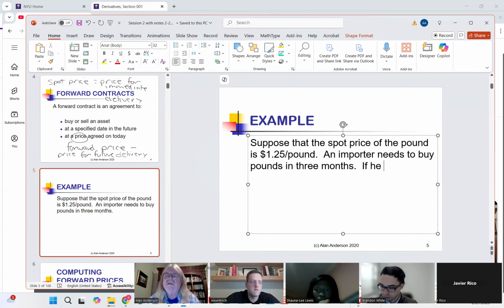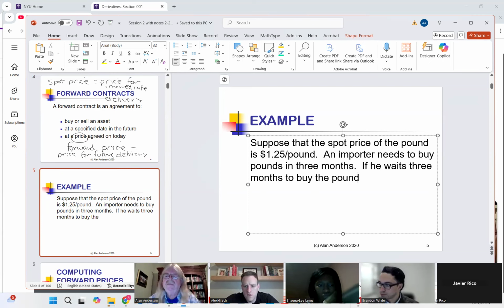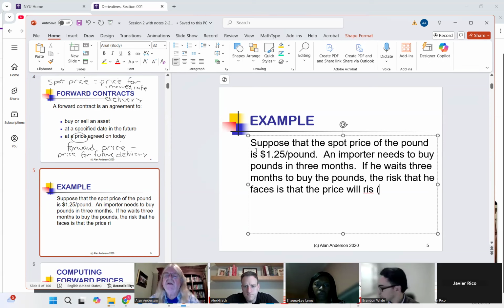So if he waits 3 months to buy the pound, the risk that he faces is that the price will rise. And that's just another way of saying the dollar will depreciate.